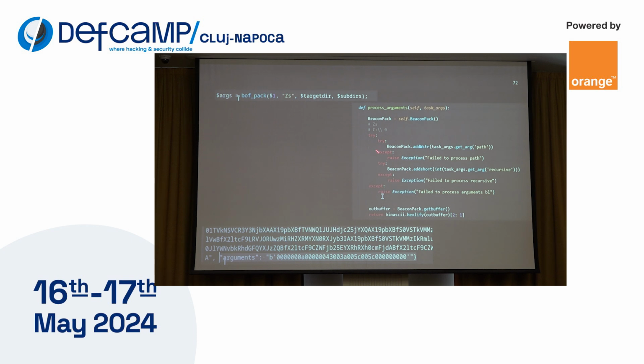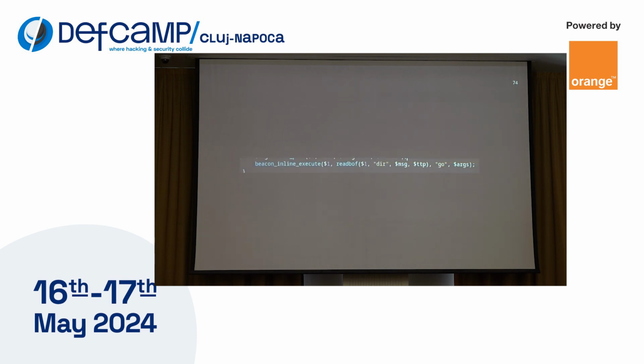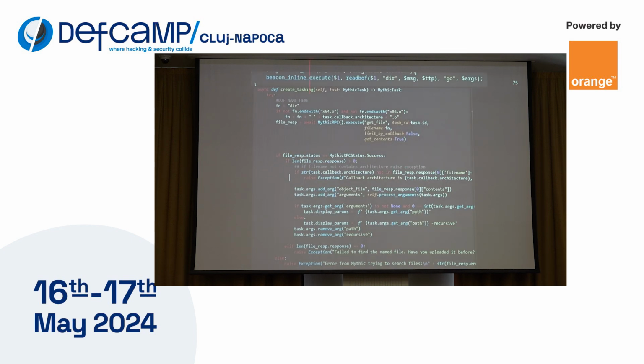And after that, we need to pack the arguments for the command. So here and here. But the order is really important. If you miss the order, your agent will crash. And the final command will be inline execute. This one is the same, but here I'm checking and validating the input and preparing the arguments.